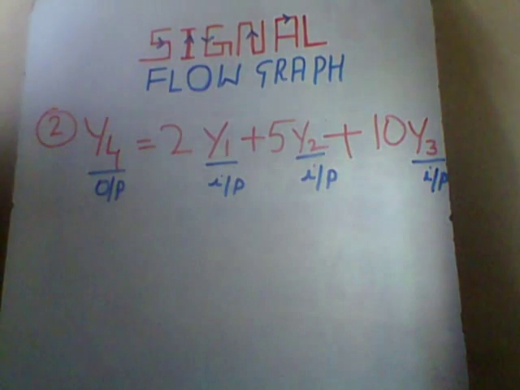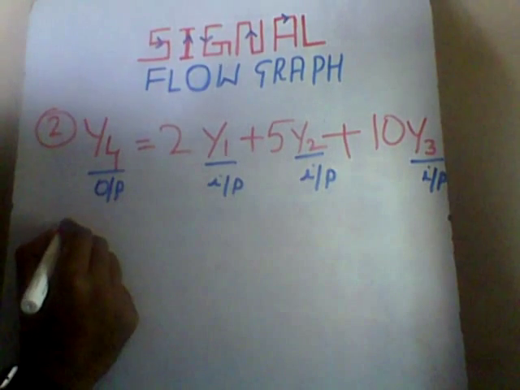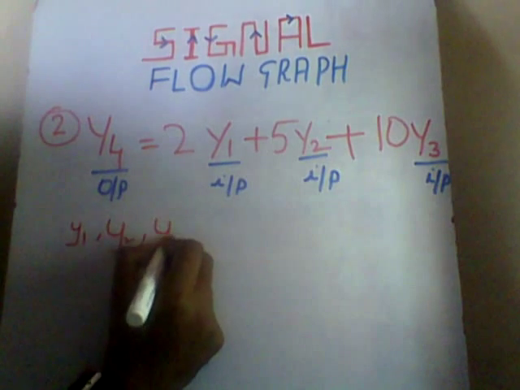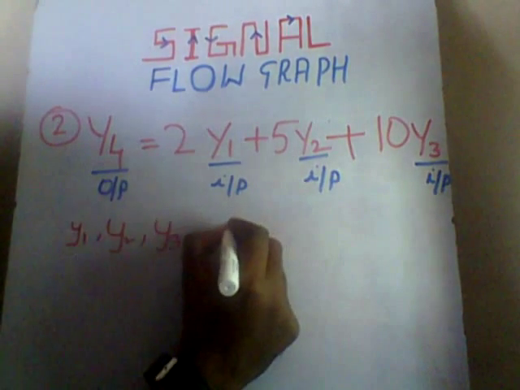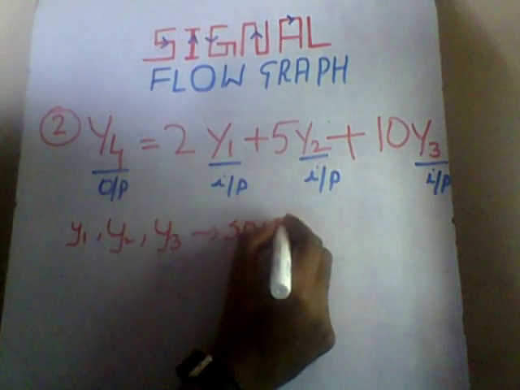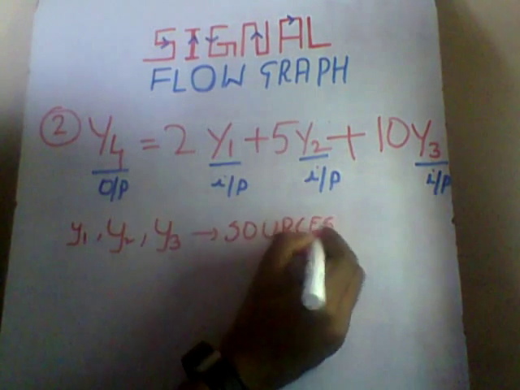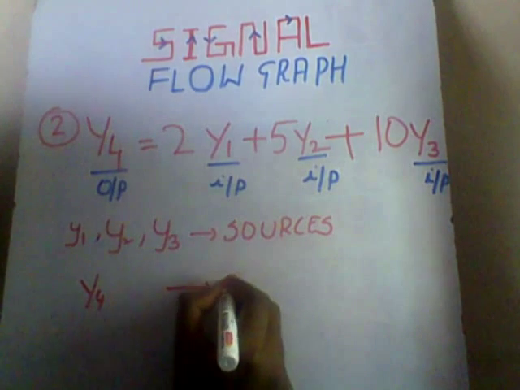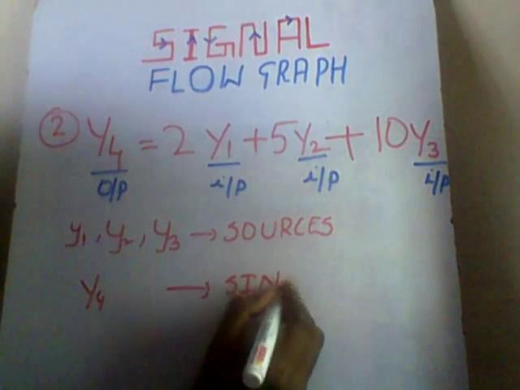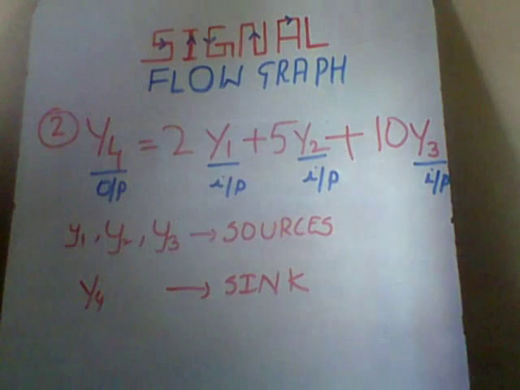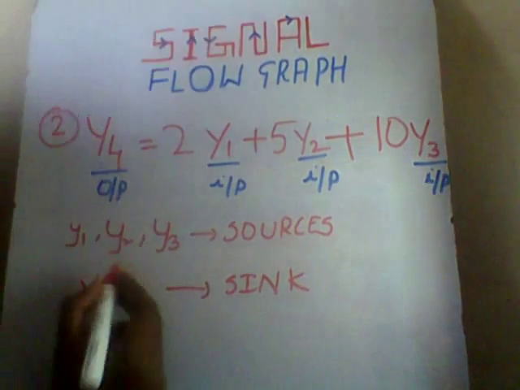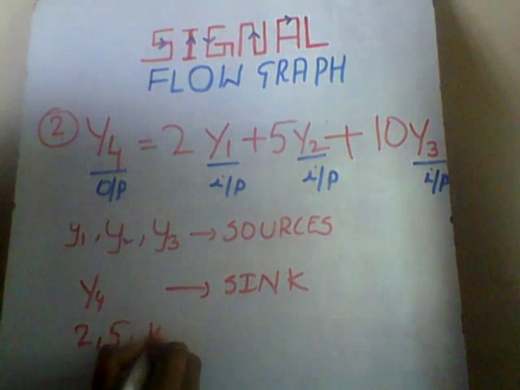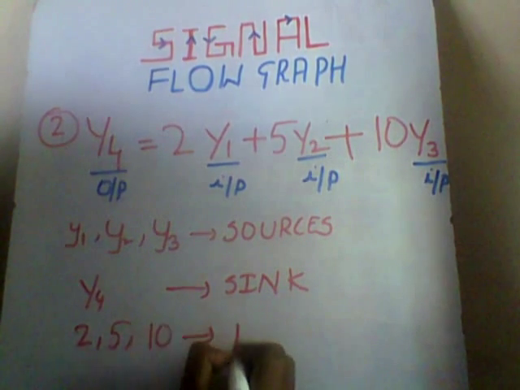So y1, y2, y3 are sources and y4 is a sink. And 2, 5, 10 are path gains.